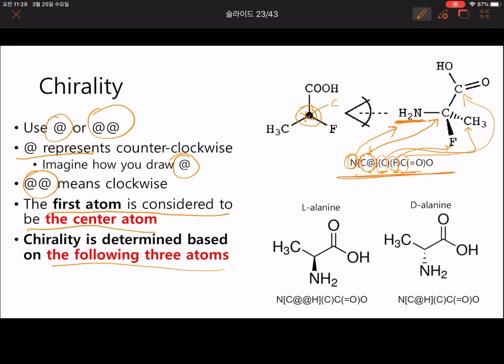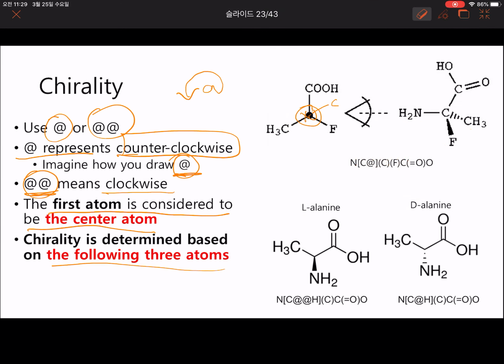And based on the order of these atoms, this at symbol is counterclockwise. So as you write this at symbol, it goes counterclockwise, right? And two at symbols mean clockwise, okay?